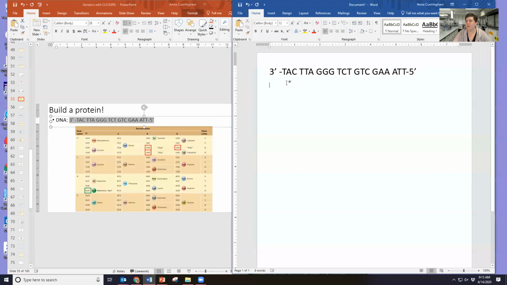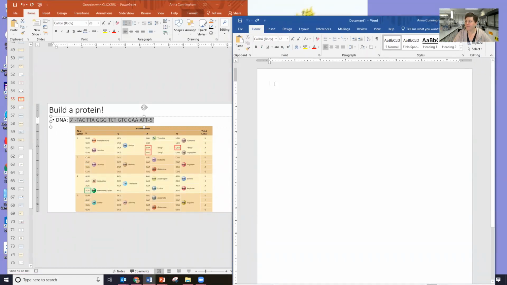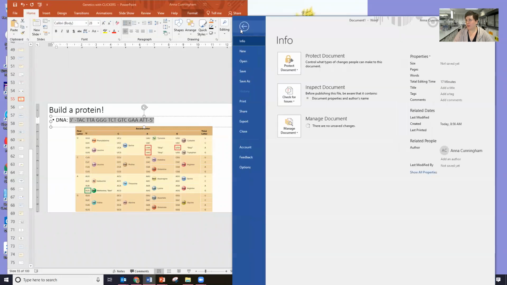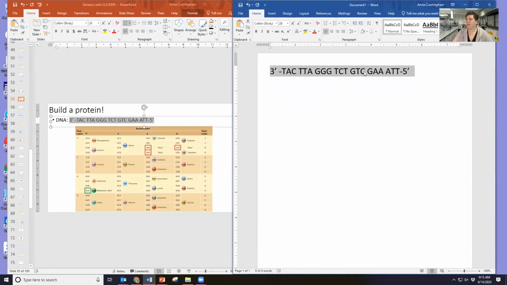I'm going to redo that, just to make it compatible. File, select all. Okay, there we go. I know that's weird, but I promise it makes sense in a minute.